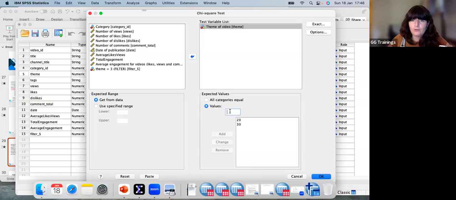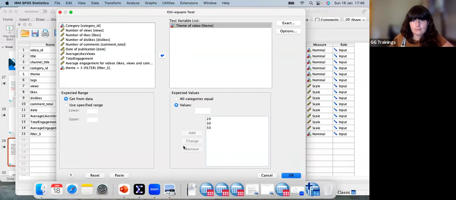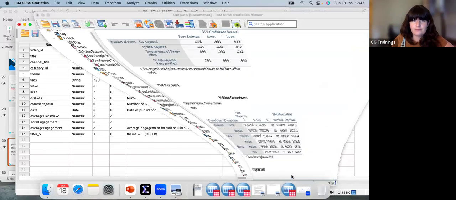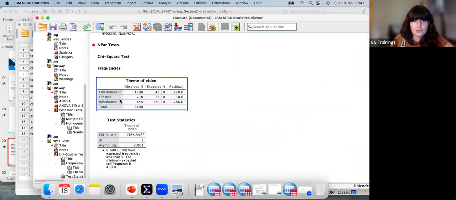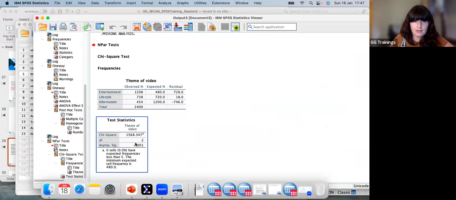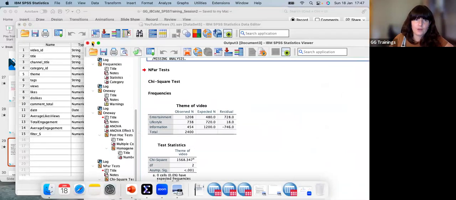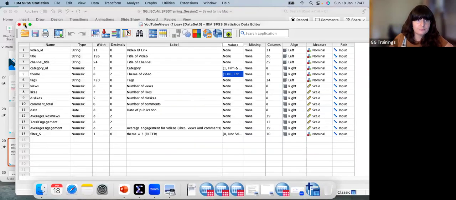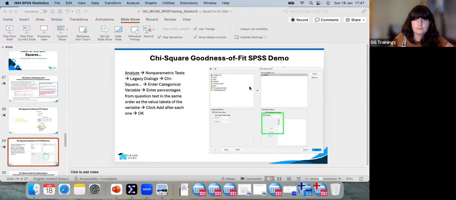Okay, and then the third one, because there's 3 categories there, would be 50 because it has to all add up to 100. Okay, add. And I believe that is it. You can click on OK. Then you get your very nice output, and this result is significant. Are we all good on that? I think so.